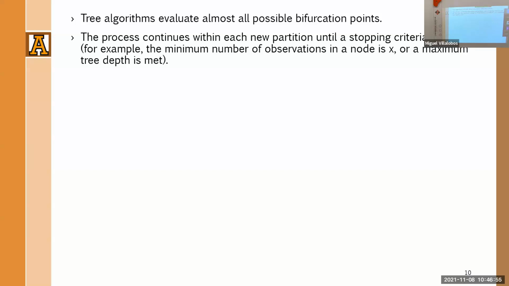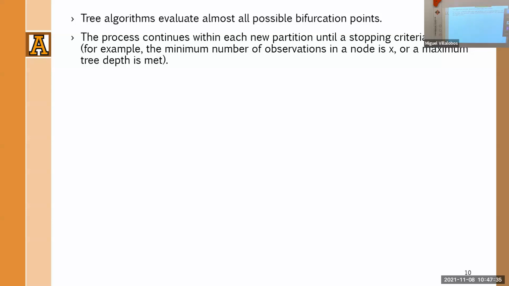Stopping criteria could be a maximum depth of the tree, or a minimum number of observations in a terminal node, or some other criteria. We'll see that some of the algorithms have a complexity criteria that determine how far down the tree we should go, and compensate, because the farther down we go, the more complex is the tree.